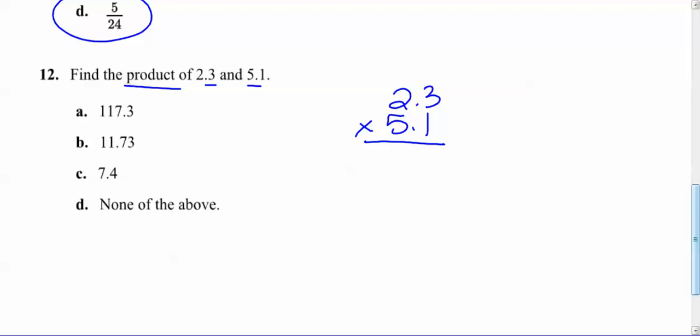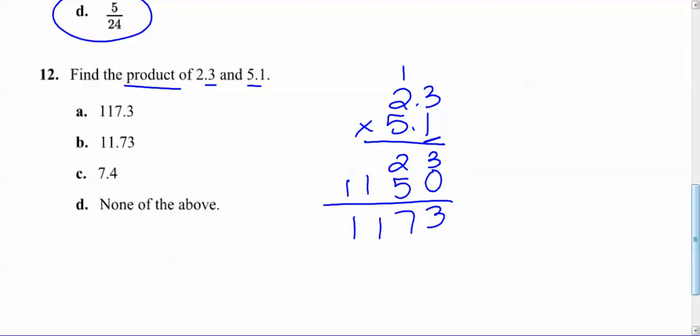So 1 times 3 is 3, 1 times 2 is 2, put a 0 here, 5 times 3 is 15, carry your 1, 5 times 2 is 10, plus 1 is 11. You probably got this part right, and the decimal spot got you. So we have 2 places. You have to take the decimal point from here and move it in, so your answer was 11 and 73/100.